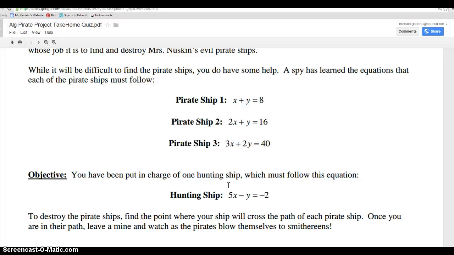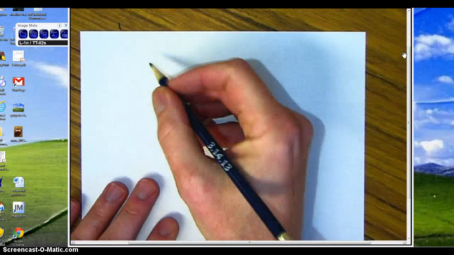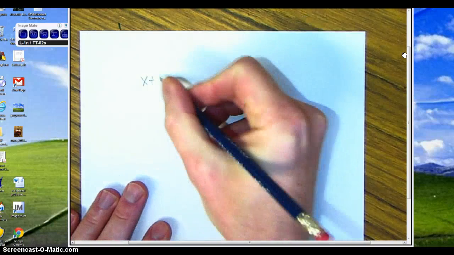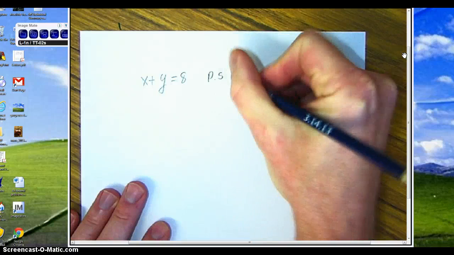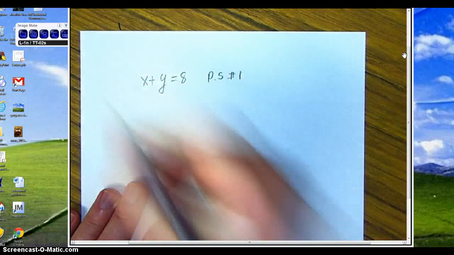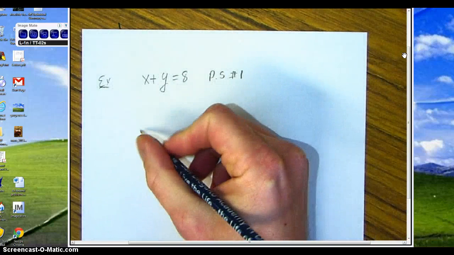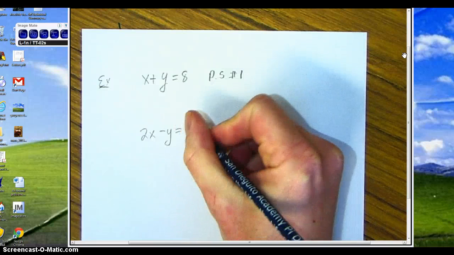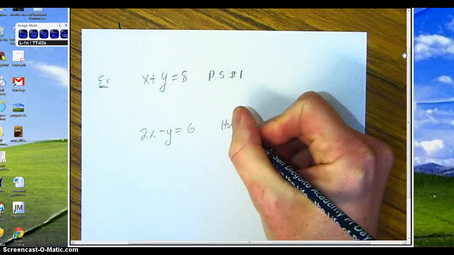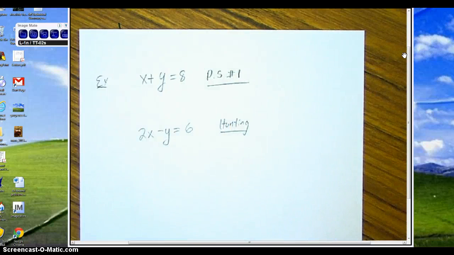As an example, if I made up an equation of x plus y equals 8, and I called that pirate ship number 1, this is just an example. It's not what you're going to be doing exactly. And if I called my equation 2x minus y equals 6, and that's my hunting ship, I want to find where pirate ship 1 and the hunting ship intersect.